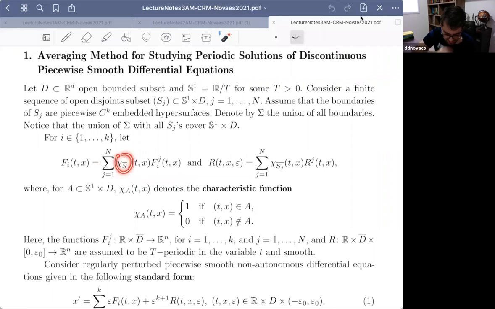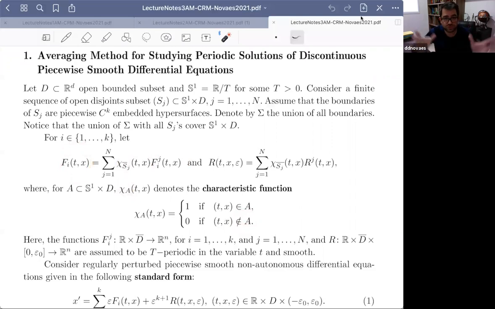The characteristic function, as you may know, is defined as 1 if Tx belongs to the set A, and 0 if Tx does not belong to the set A. So here, what I'm defining is a function which takes the value of F_ij if Tx belongs to the closure of S_j.